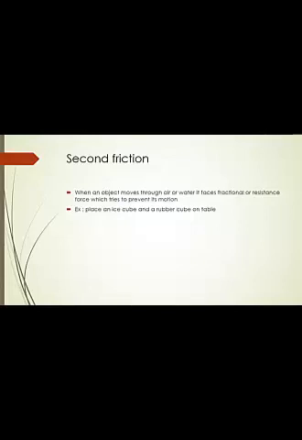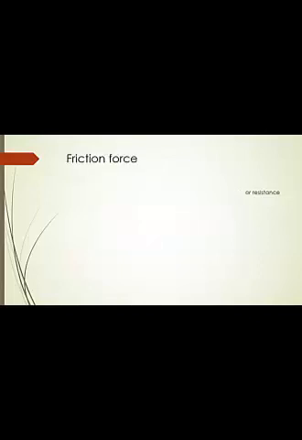For example, place an ice cube and a rubber cube on a table and give a push to both of them. You will observe that the ice cube moves easily, but the rubber cube moves with difficulty. Why? Because this force is a frictional force which resists the movement of the object.